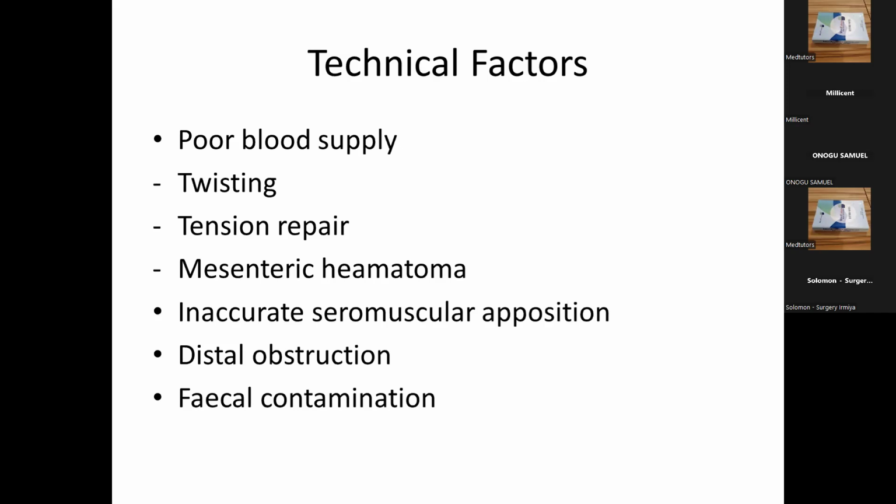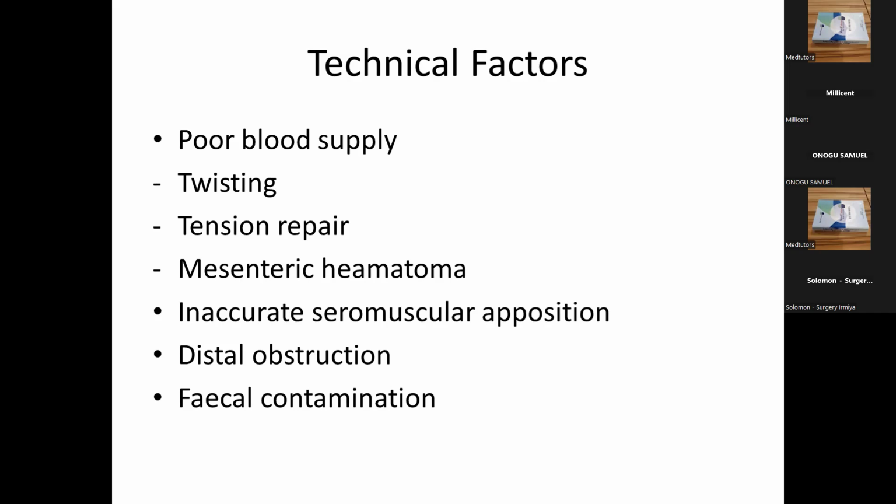Now, for the technical factors, these are intraoperative and surgeon factors. Poor blood supply, for whatever reason, will significantly affect your anastomosis. Twisting of the mesentery at any point in time. Repair under tension will affect your anastomotic site. Mesenteric hematoma will also affect your anastomotic site.